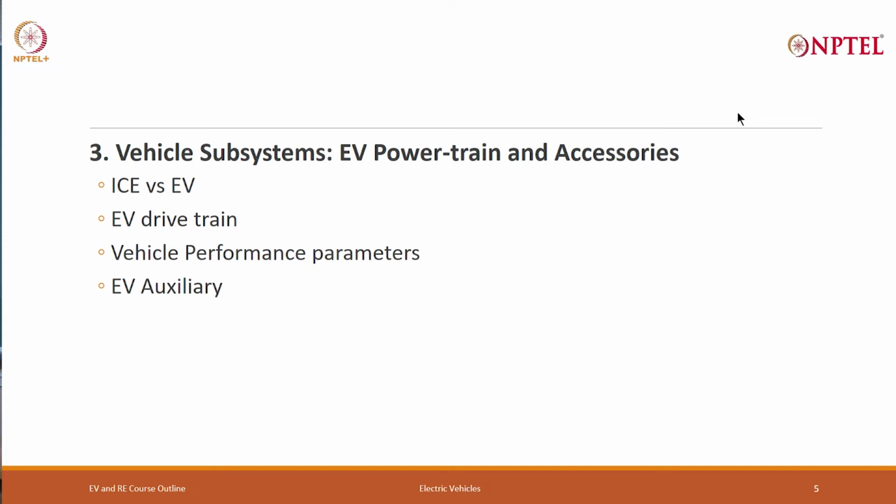There may be all kinds of communication systems and control systems. There may be entertainment systems. There may be motors which will automatically open your windows and close them. All these are auxiliaries which will require power.